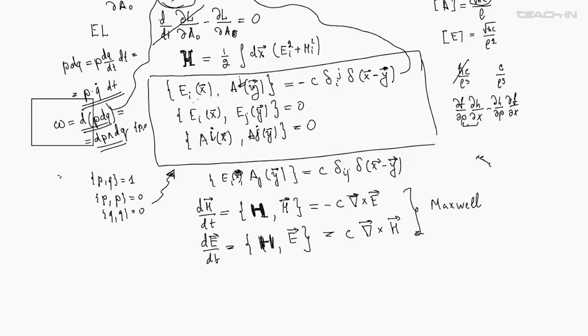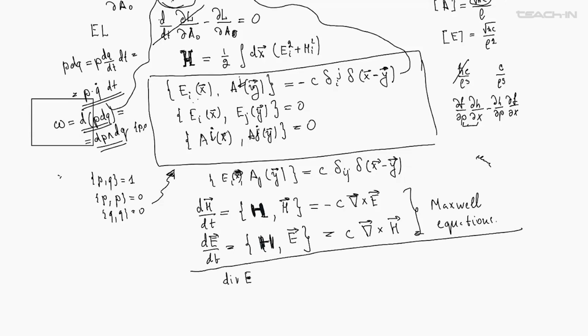So we reproduce, in fact, the Maxwell equations. The first one is from the first pair, the second one is from the second pair. On top of this, the dynamics must happen on the constrained surface: divergence of E is equal to 0. That's another Maxwell equation.